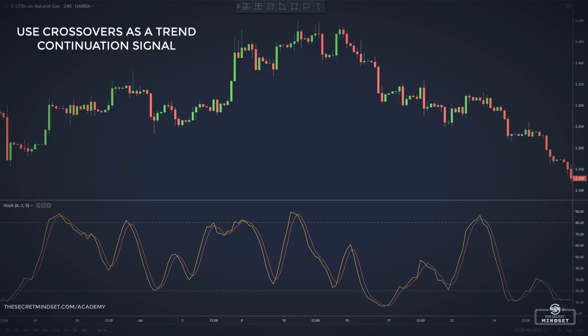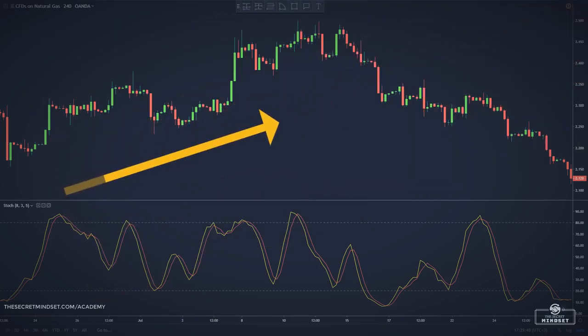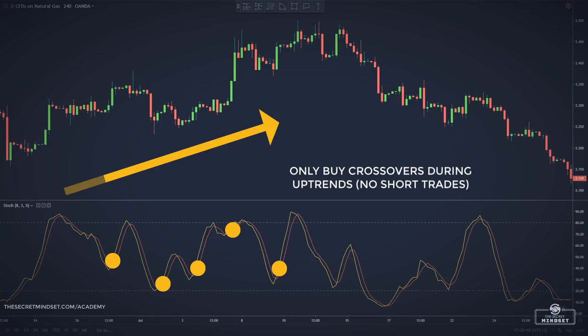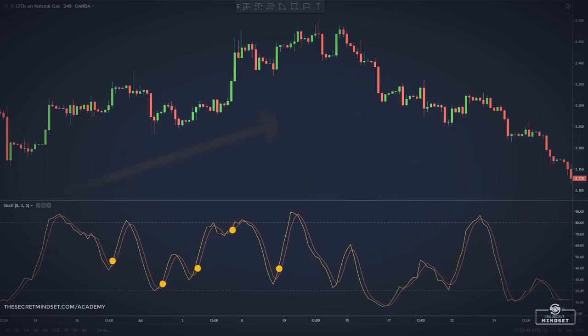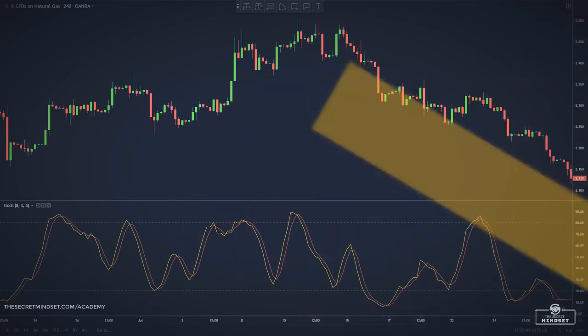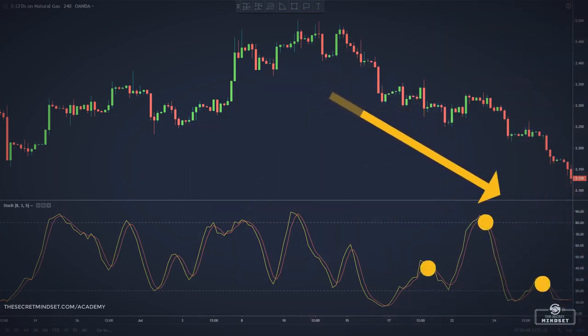For example, if the market is in an uptrend, you search only for crossover buy signals on the stochastic oscillator, so you're not interested in shorting the market. You simply want to ride the trend by taking buy crossovers. Similarly, if you see a crossover sell signal during a downtrend, you can also rely on the signal as supporting evidence that the downtrend is likely to continue, ignoring buy opportunities.